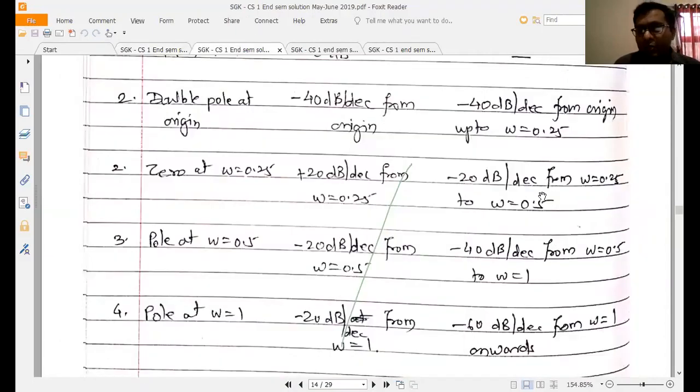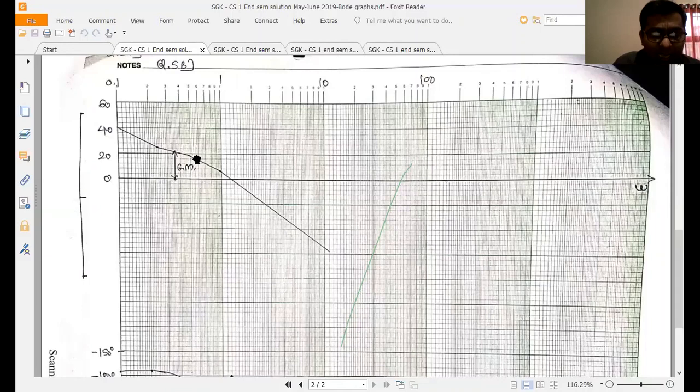After this section from 0.25 to 0.5, we get again minus 40 dB per decade, means a line parallel to this line, but its starting and ending points will be 0.5 and 1. Only this section. Okay. And after omega equal to 1, we'll have a line of minus 60 dB per decade. Okay. Are you getting this? How we have drawn this plot?